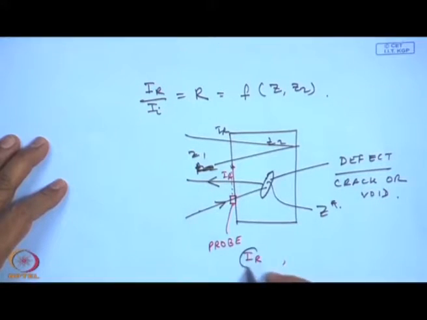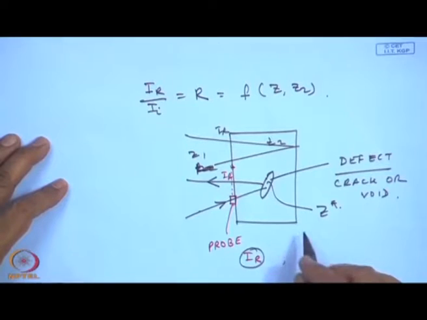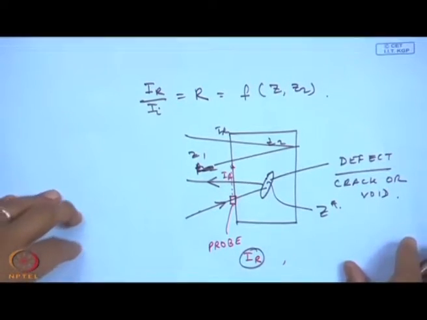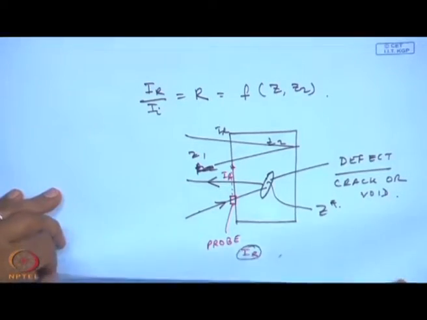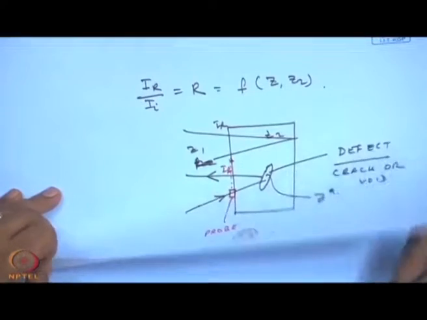So, by knowing the difference of this intensity, we can get some clue as to what is wrong in the material. So, this is how ultrasonic waves are used to find out the presence of a defect, which in effect is because of a change in impedance.